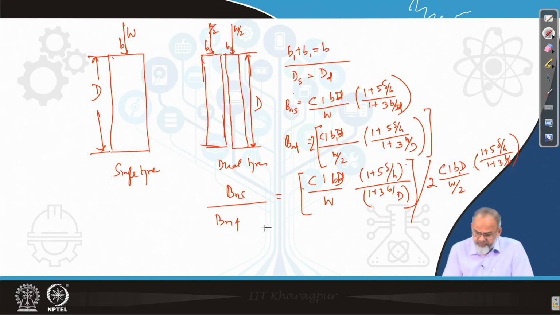So now if you simplify this one, this will cancel out.